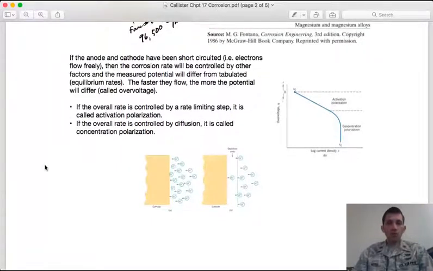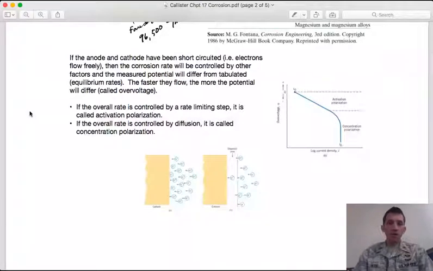That will change the measured potential that you would get under equilibrium, since the reaction is basically chasing after a new equilibrium, which gives you a different potential. The faster they flow, the more that potential is going to be shifted.